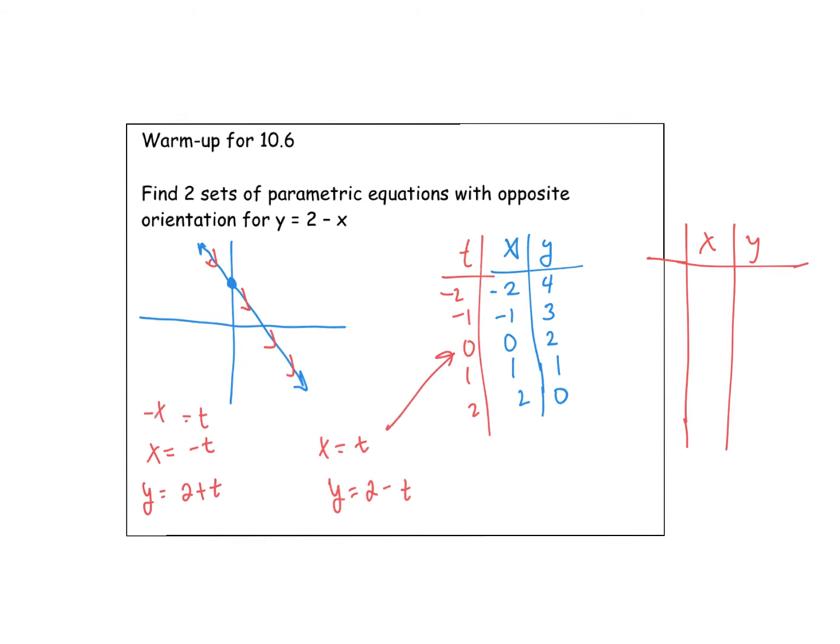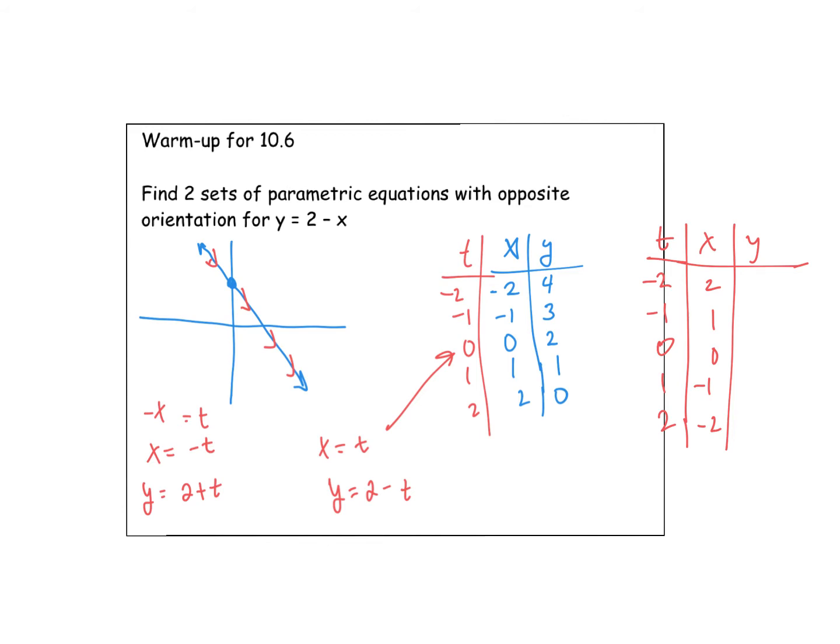So if I threw in t's of -2, -1, 0, 1, and 2, my x's for this equation are 2, 1, 0, -1, -2.